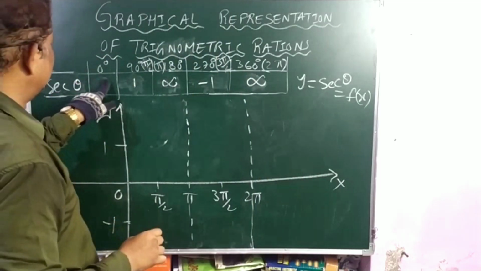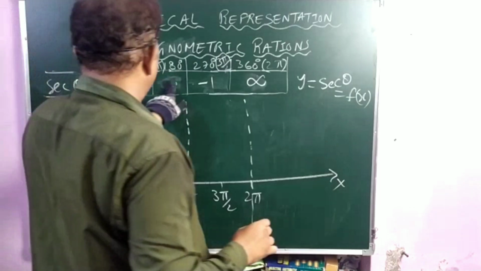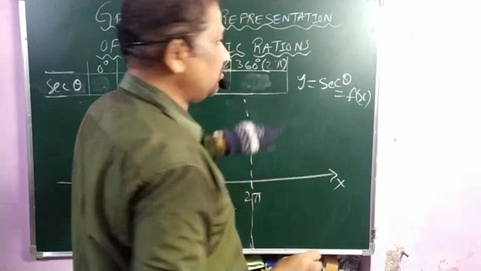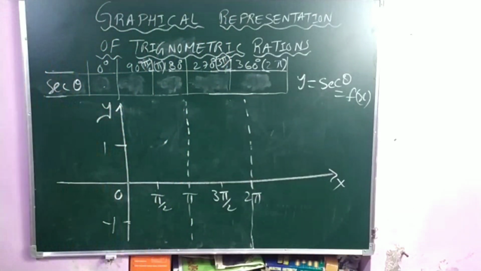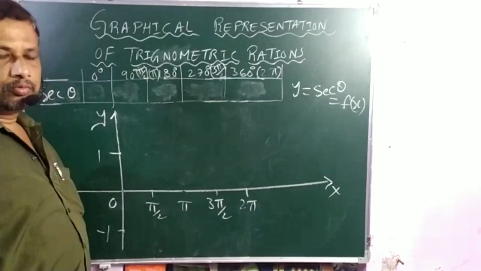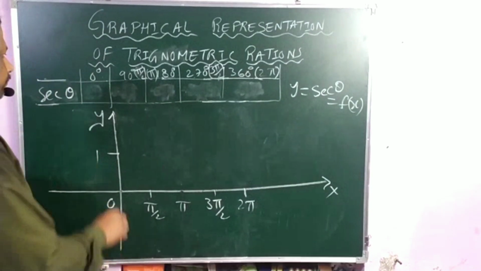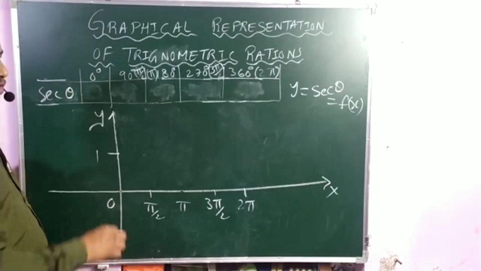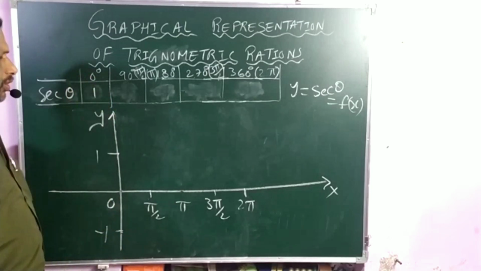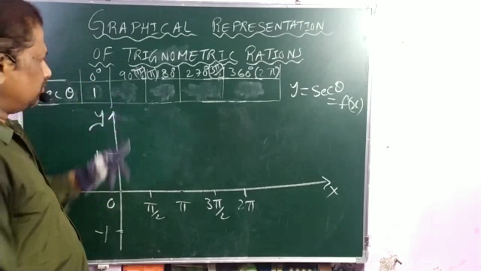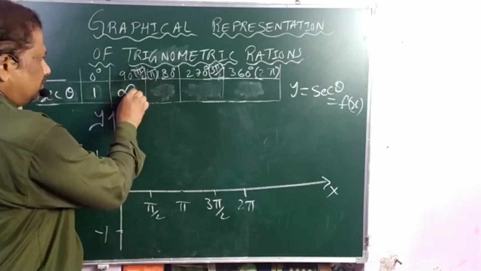Secant 0. What is secant 0? Secant 0 degrees is the reciprocal of cos. Cos 0 is 1, so 1 by 1. Okay. Next secant 90 degrees. Reciprocal of cos 90, 1 by 0, is infinity.